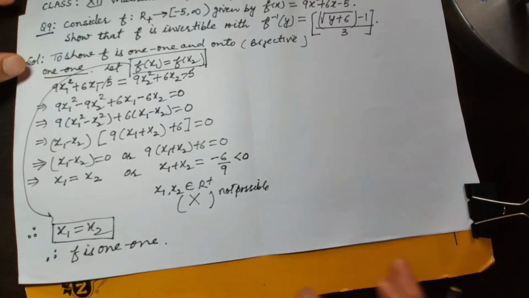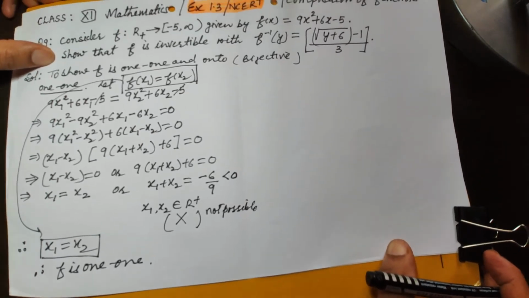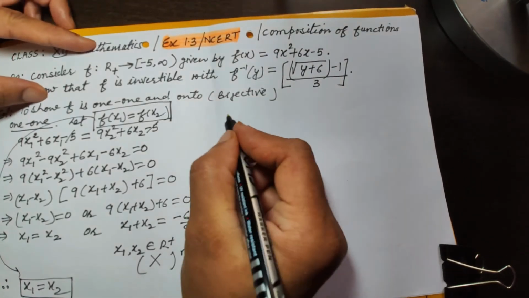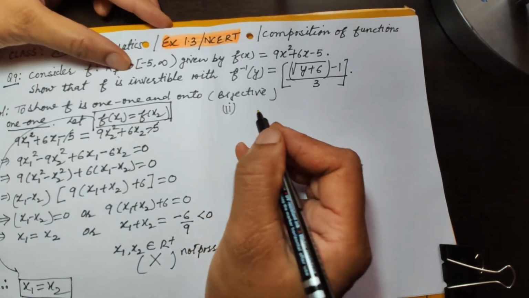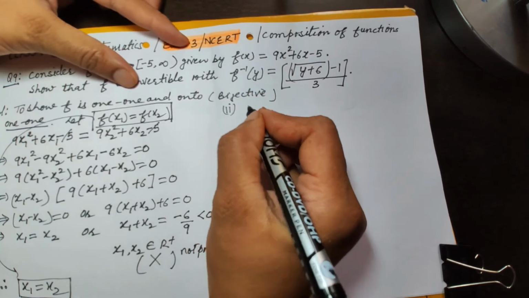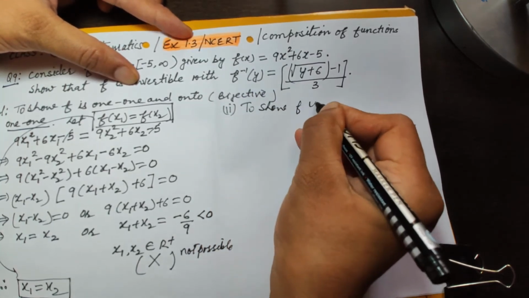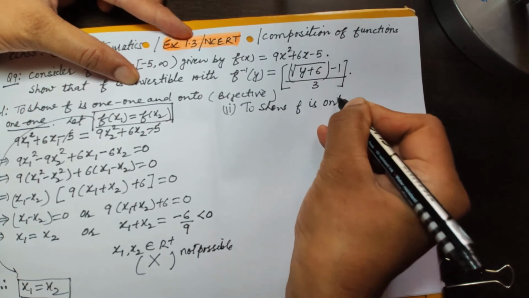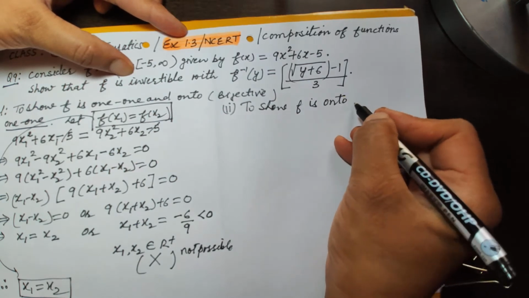For a unique point in the domain, it has a unique image. Secondly, now I am showing that f is onto also. To show f is onto, that means the codomain is the range of the function.